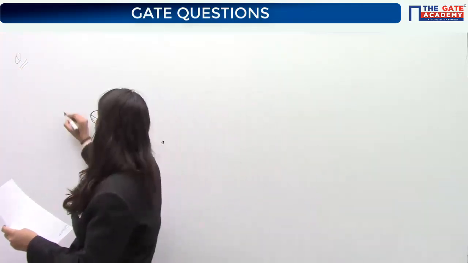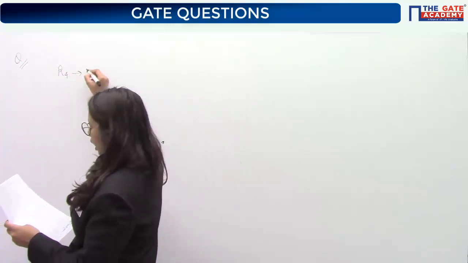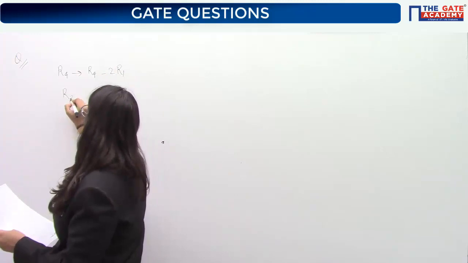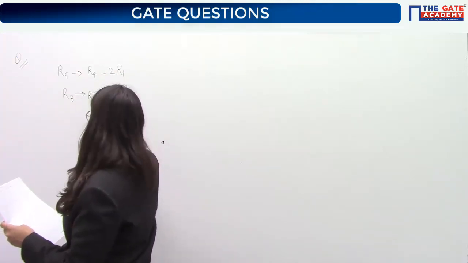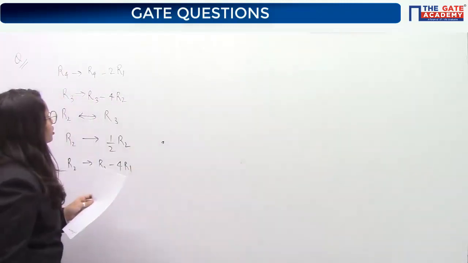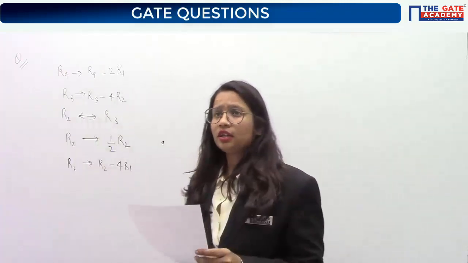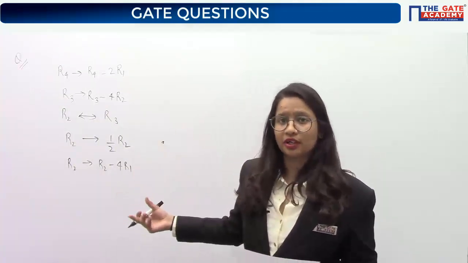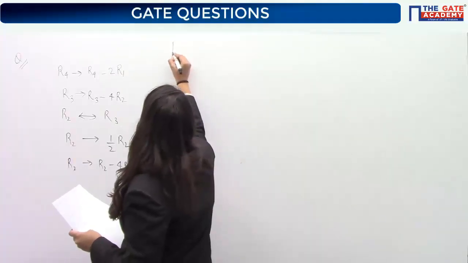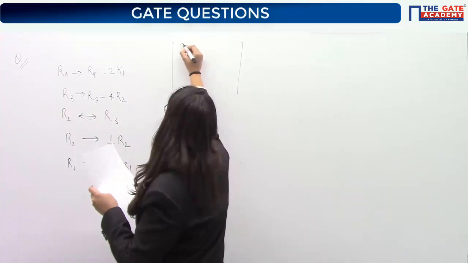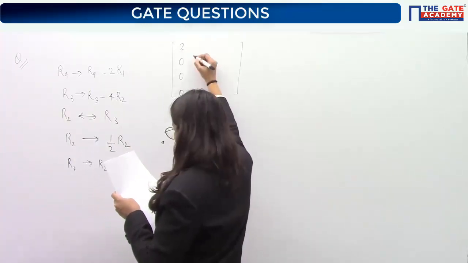The question was that for a matrix A, row operations are applied, and the row operations were mentioned like this: first row operation, second operation was this. By applying these operations, the matrix changes into the following given matrix.